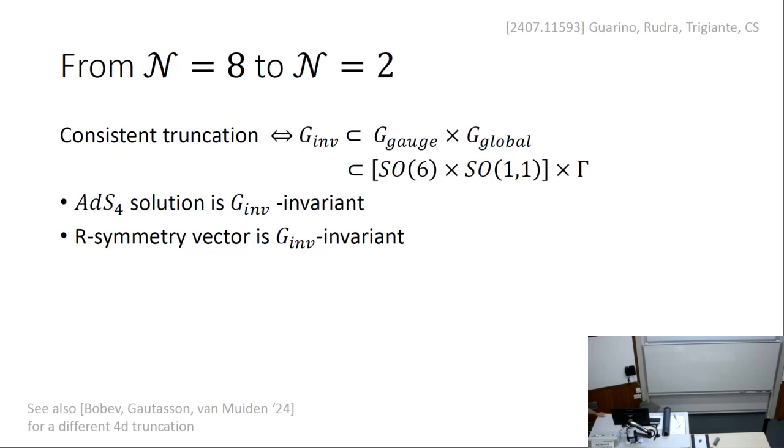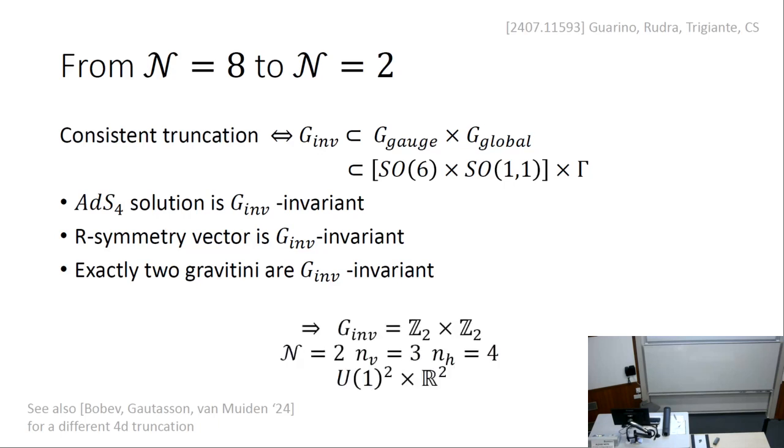Otherwise, I will not find the supersymmetric black holes, the BPS black holes. And I need to keep exactly 2 gravitini of the 8 I start with to have a proper N=2 theory. And if you do all of this, you realize that there is not a lot of choice. You have basically just a Z2 times Z2 group that works.